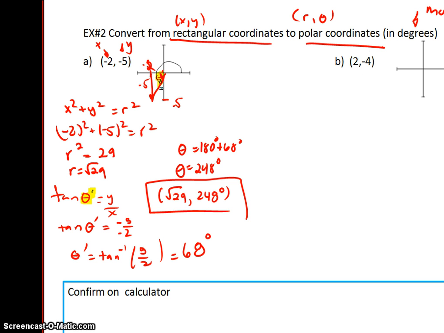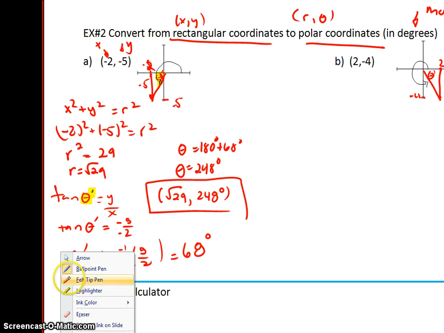Okay, so here we have 2 comma -4, so we're down in 2 comma -4, or this point down here, so my theta prime is going to be that much, but the theta that we're going to actually want for r comma theta is that much. We're going to use reference angles again.